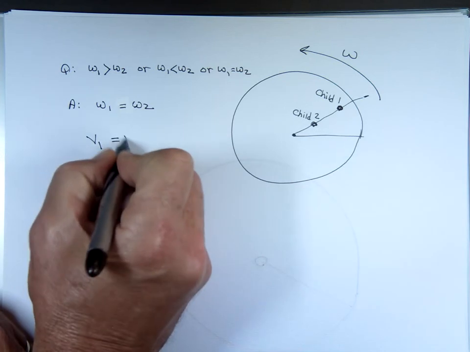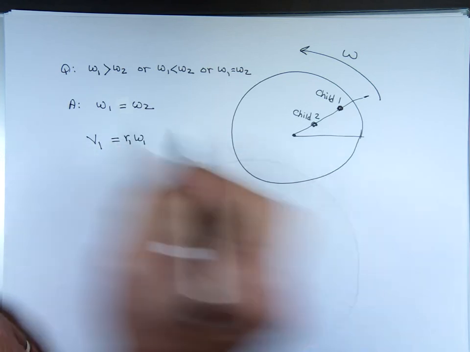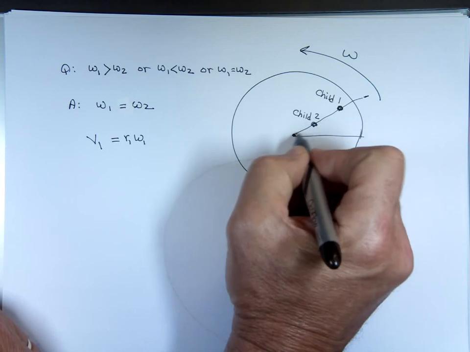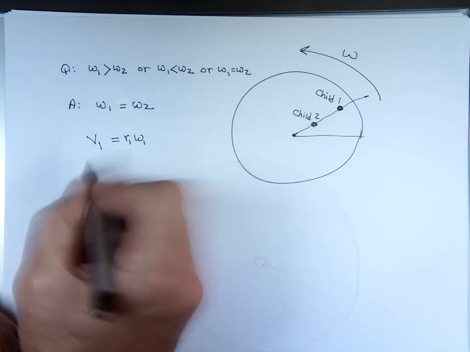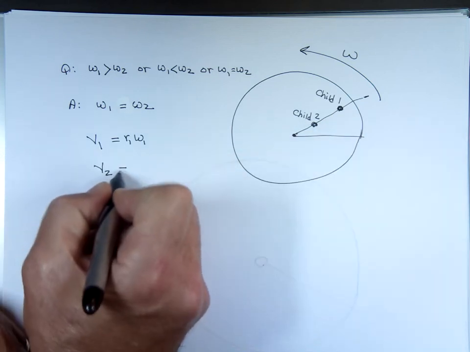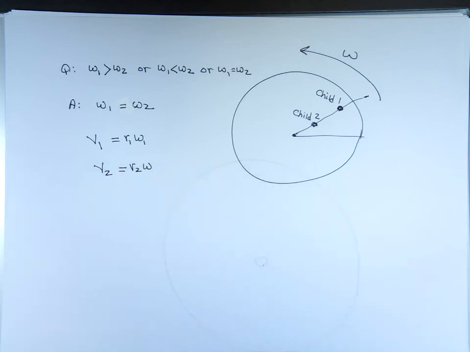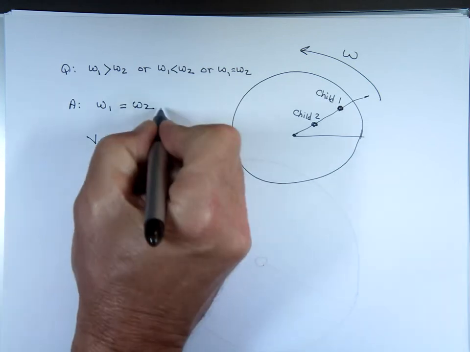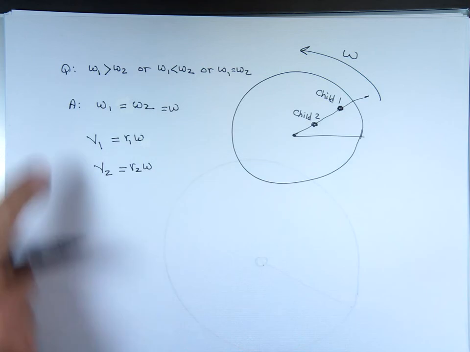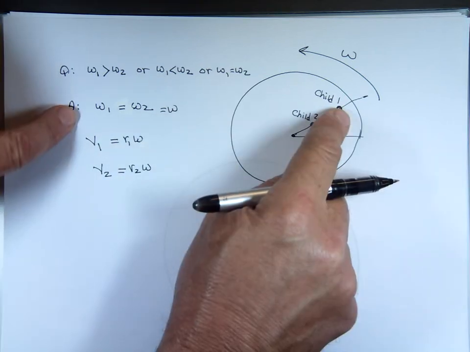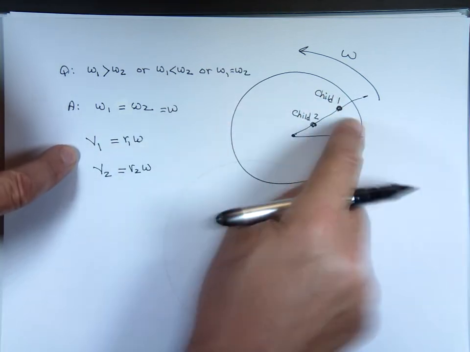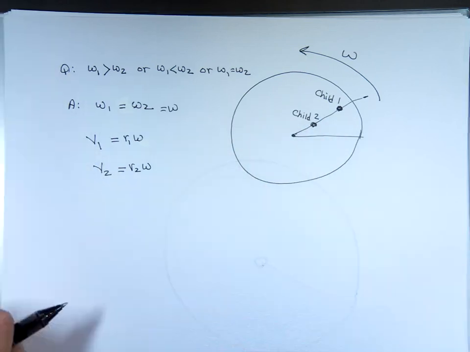Look, R1 is that distance, which is bigger, so it's greater than the linear velocity for the second child, which is R2 times W. Since W is the same for both of them, the linear velocity for this one is much faster than for that one. But not the angular speed, not how fast they're spinning.